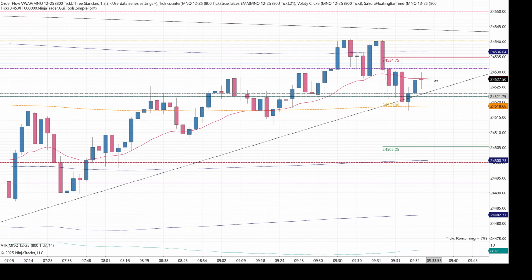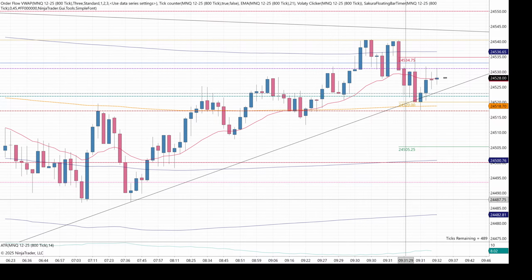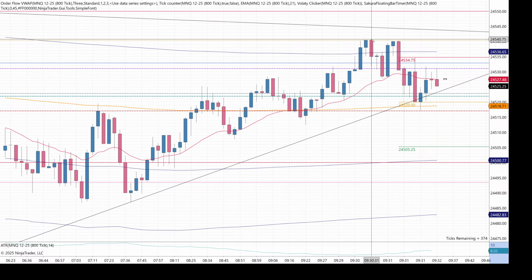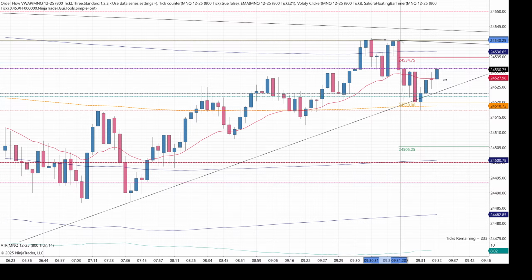This is where the 5-minute 8 EMA and the 21 EMA are located. We do have this trend line now like this.